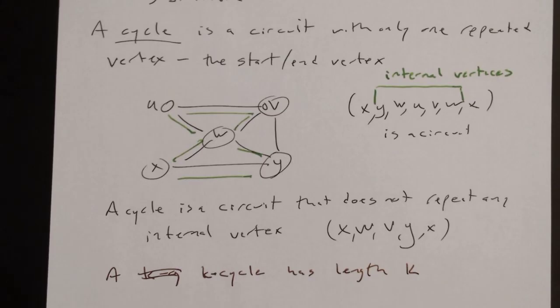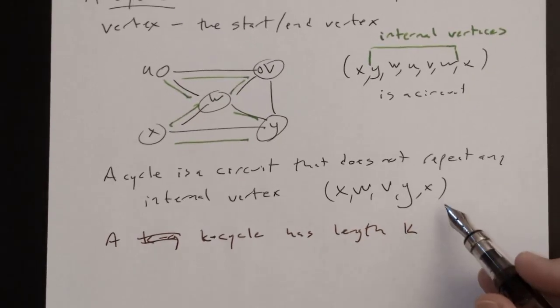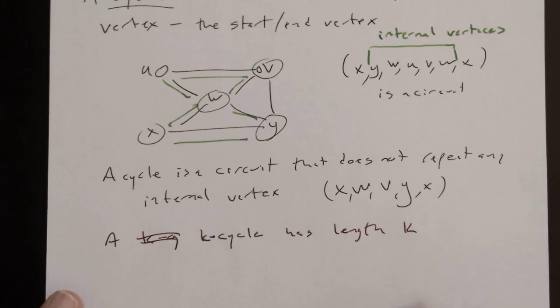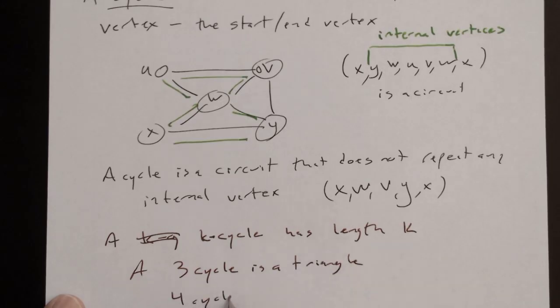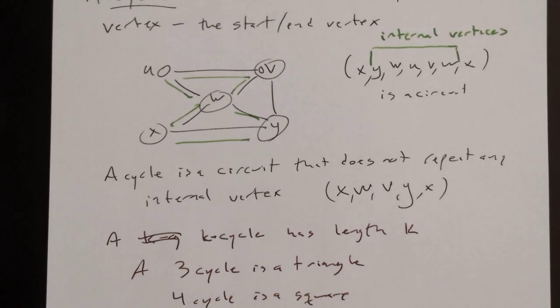I didn't want to use the word triangle for this because a triangle should have length 3. And so even though geometrically that looks like its shape is a triangle, a cycle of length 3 is what we call a triangle. And a square is a cycle of length 4. Because remember, we can draw the picture any way we want.